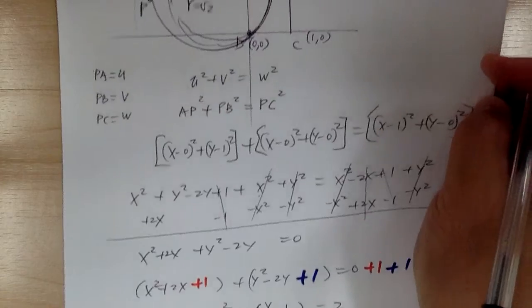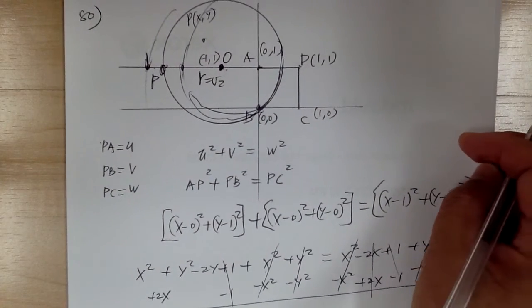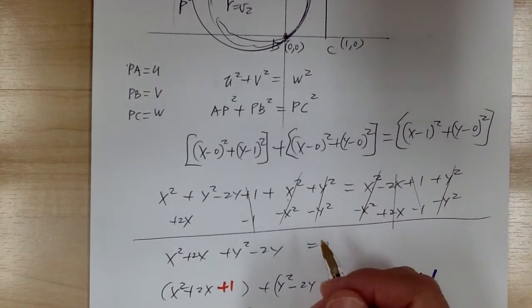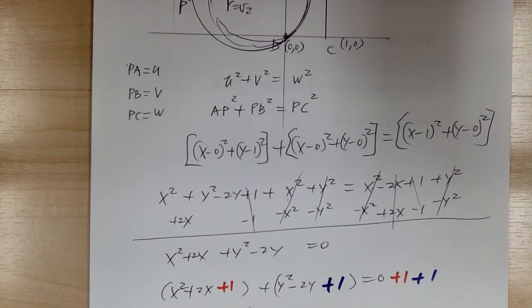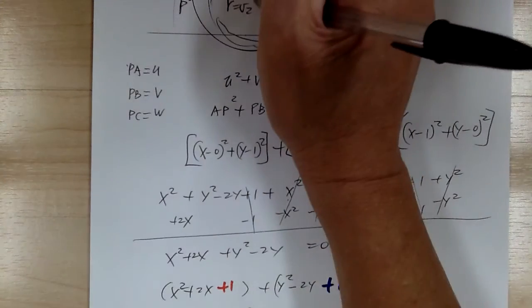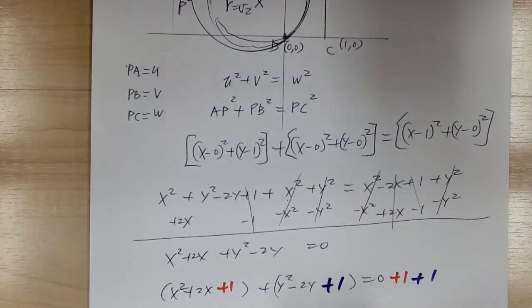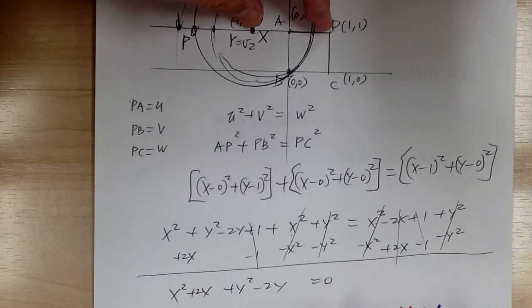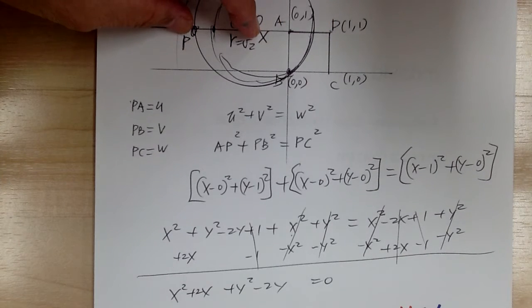Okay, so PD will equal to, from D to, let's call this point X. So PD will equal DX plus PX.